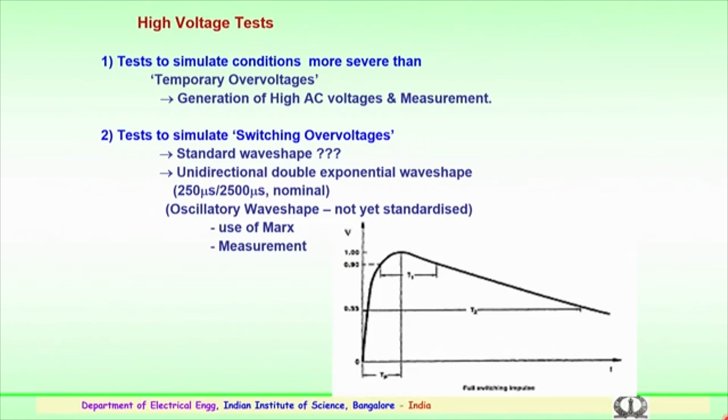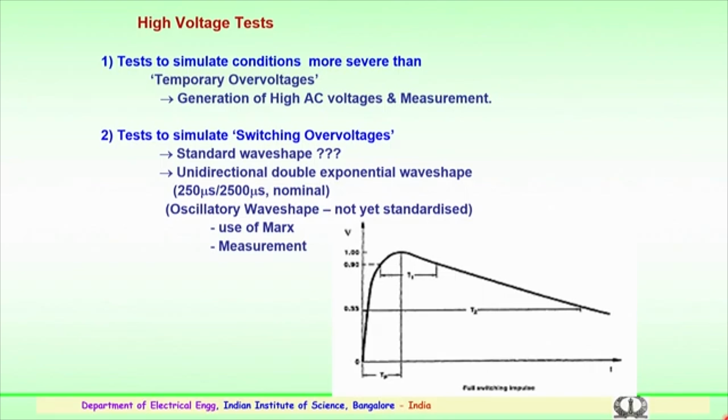So, to simulate temporary higher voltages, we use cascade transformers for generation of high AC voltages, and also for the measurement we use standard dividers, or we use the peak voltmeters, we use the spark gap arrangements. These things are generally discussed in high voltage engineering. So, we will limit our discussion to the testing aspects and how the waveforms are being used.